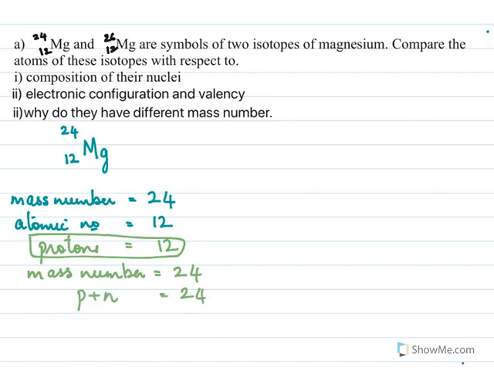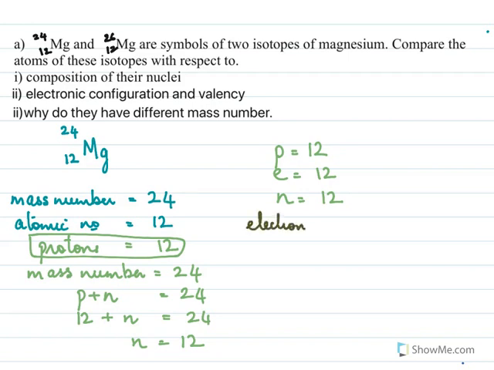So that would be 24, protons is 12, neutrons 24 minus 12, and the neutrons also become 12. So when we get to magnesium, we have protons are 12, electrons are 12, and neutrons are also 12. So this was about the subatomic particles. I will check the electronic configuration.